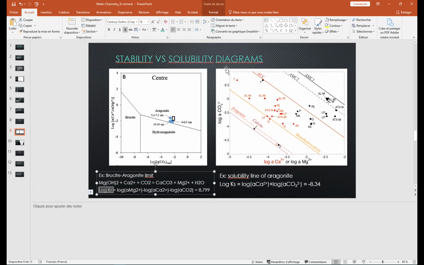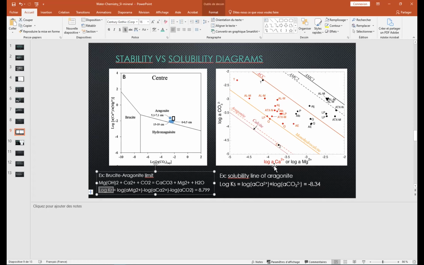So another way to represent your data is the solubility diagram. And here the lines are the solubility lines of each mineral, each carbonate you can find: calcite, aragonite, monohydrocalcite, the ACC, and the amorphous magnesium calcite.